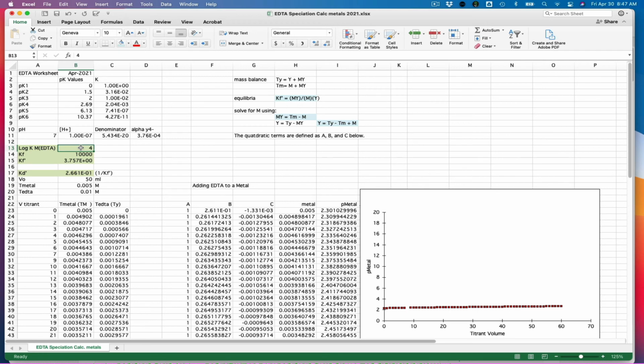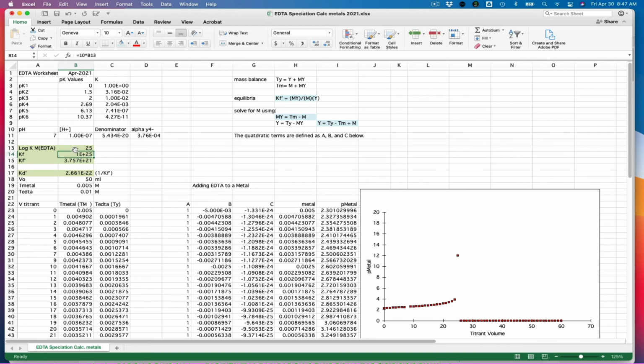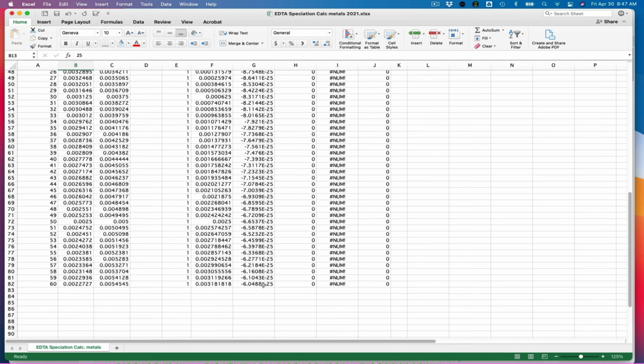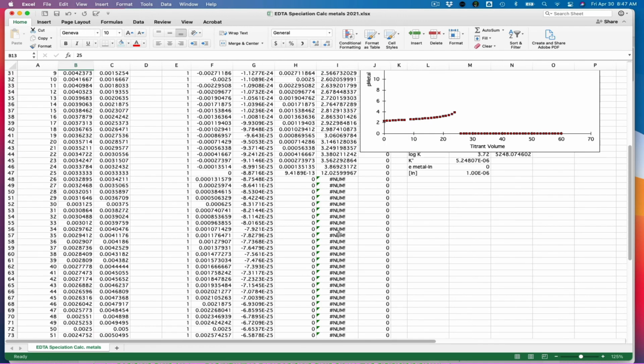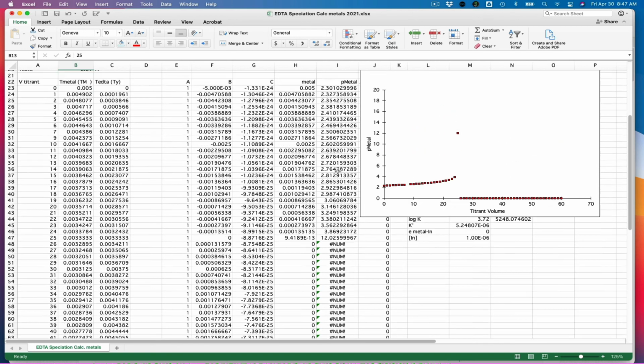You could make it big. Iron has a log K of like 25. Boom, it blew up my spreadsheet. You can see right here, it doesn't work. It's not that my math is wrong, it's just Excel can't handle it. And that's because these numbers way down here are getting too big. This thing's getting crazy.